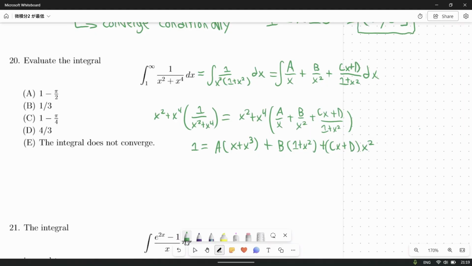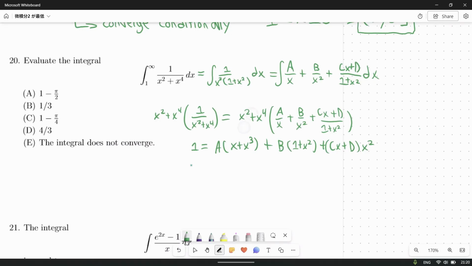And then from here, all we'd have to do is, let me rewrite this a little bit. Just trying to figure out what would be the most straightforward way to explain this at this point. Because from here, once you have your equation looking like this, there are two primary ways you can go about this to solve for A, B, C, and D. And oh, I know what I can do.